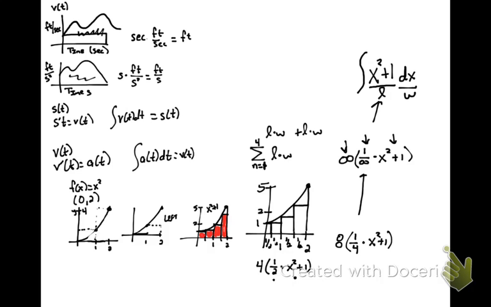X squared plus 1 represents the length, and if I'm integrating from, say, 0 to 2, I'm counting up the area of all of the rectangles from 0 to 2. And since their width is infinitely small, there's going to be an infinite number of them. And that's how I would find the area under the curve. Right, that's the idea behind the area problem.